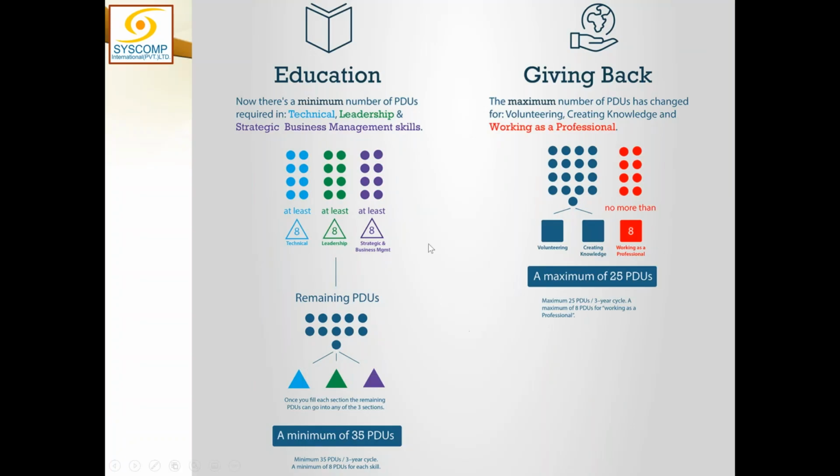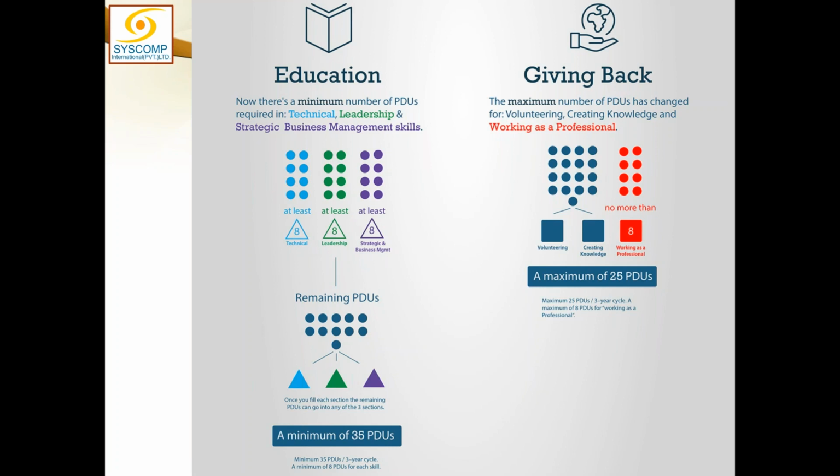And the minimum requirement for you is 8 PDUs in the area of business technical, 8 PDUs in leadership, 8 PDUs in strategic business management, all the three vertices of the triangle. So 8 in each of these areas is the minimum requirement. This is the education.